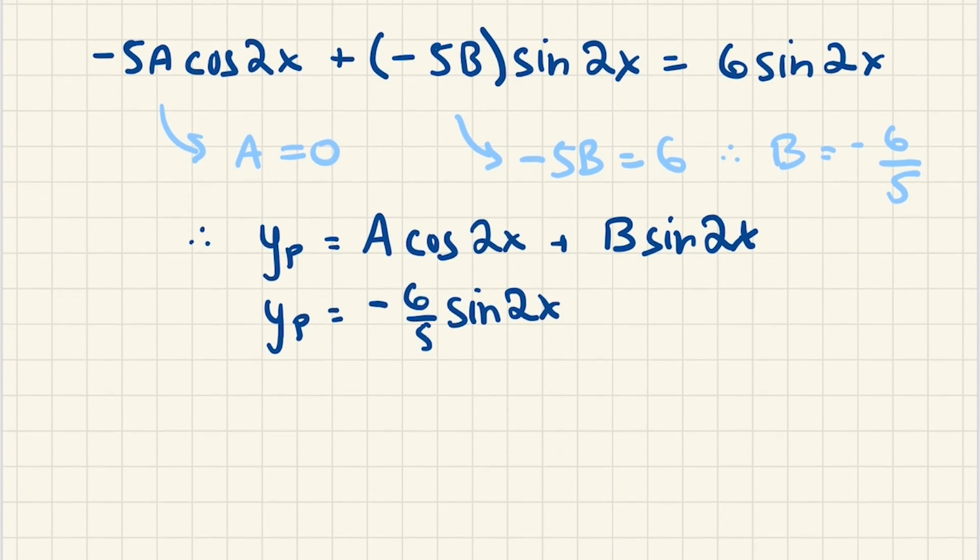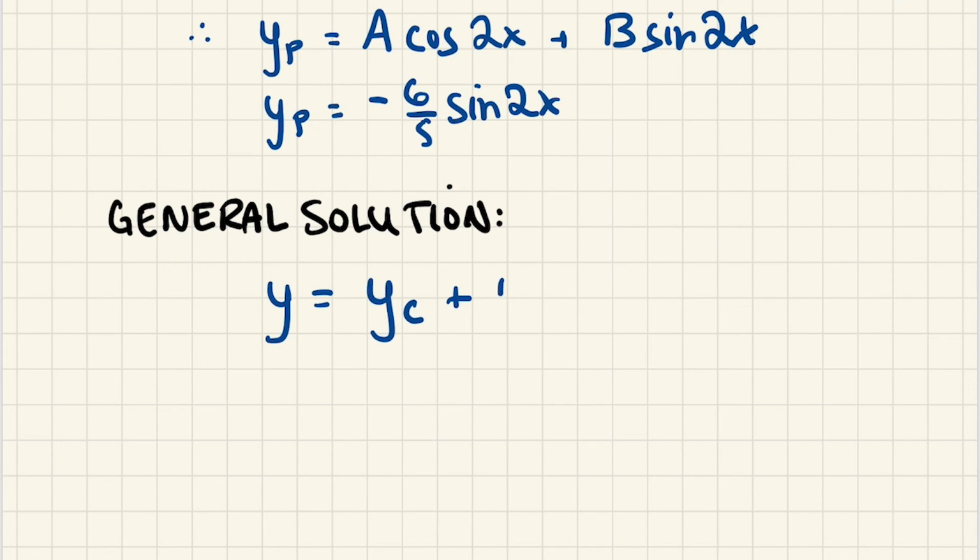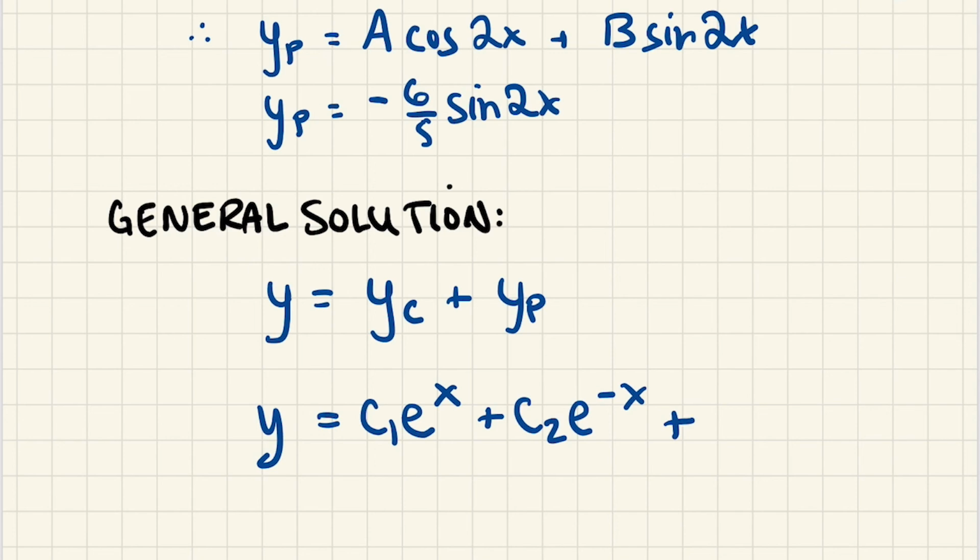That means that the general solution, which is the complementary solution plus the particular solution, is this guy plus, now we'll write it as minus, I guess, 6 over 5 sine of 2x. And there we are.